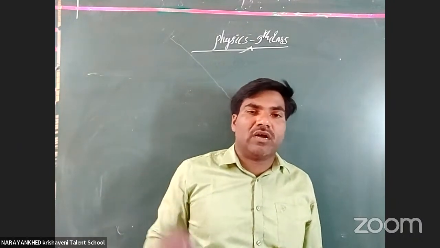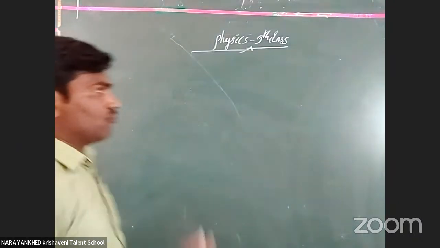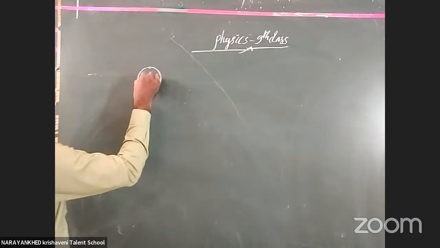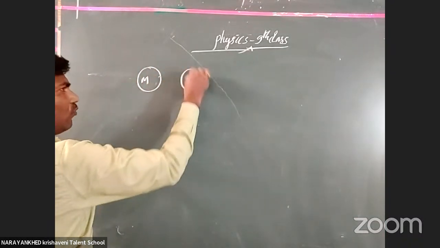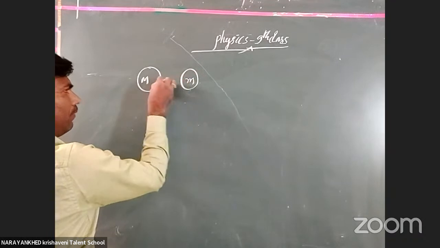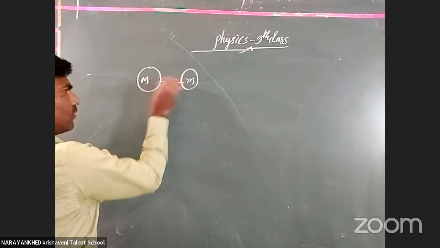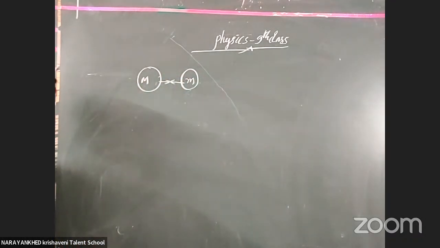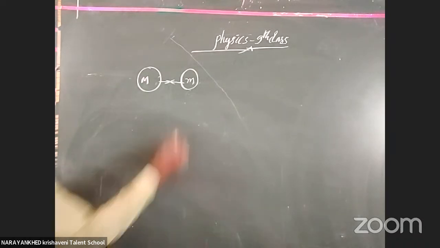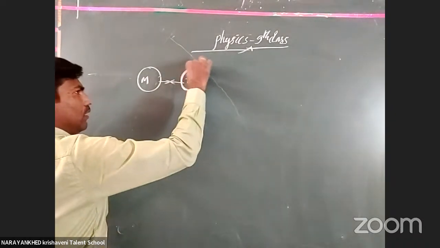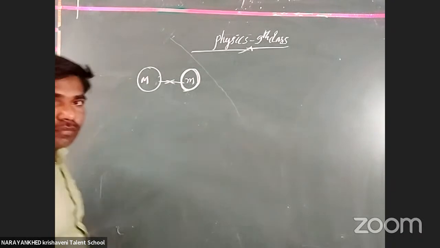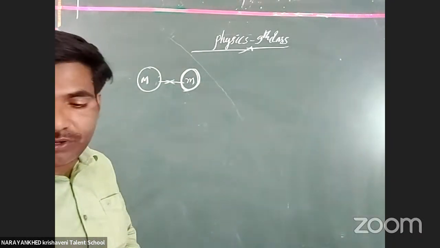That force is only called what? Gravitational force. Suppose you take a capital M and a small m, and one is attracted towards the other. Got it or not? I hope you got it here.